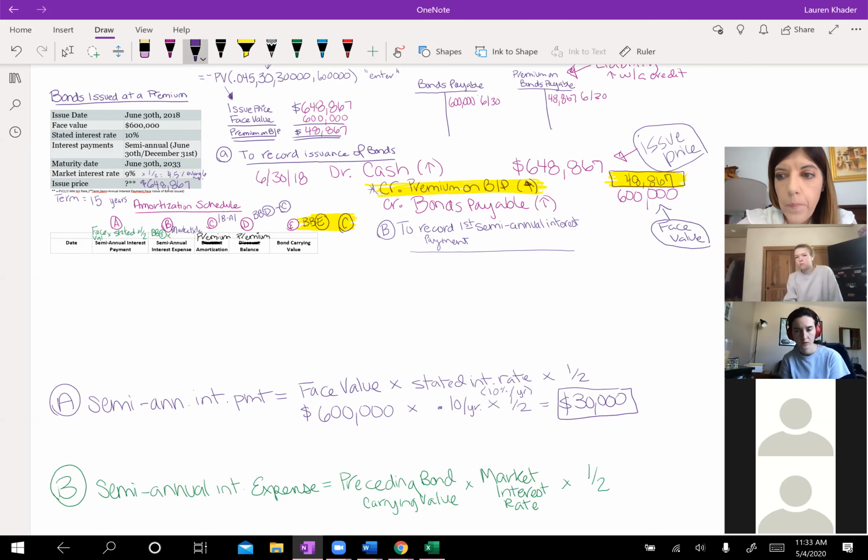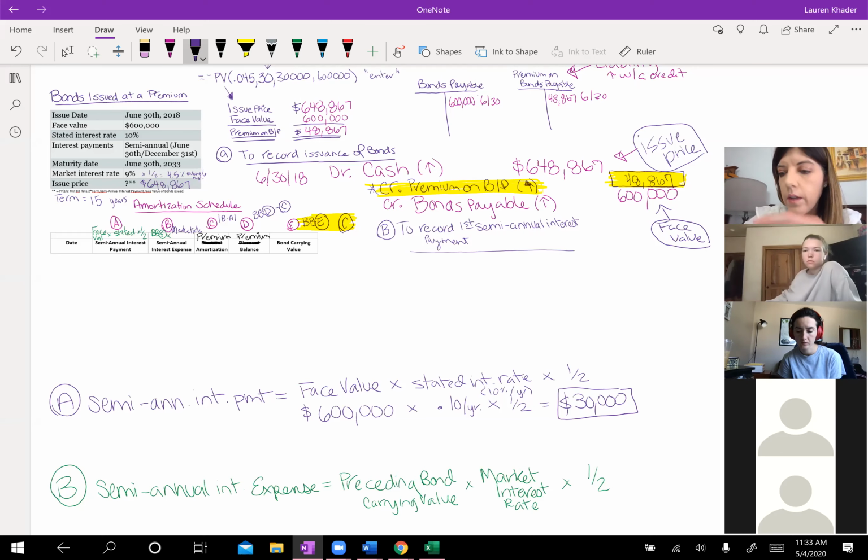Guys ready? Yeah. Okay. I highlighted two things. The two differences, at least at this point, between a bond issued at a discount and a bond issued at a premium. So the first part is that when we issue the bonds, we're going to credit premium on bonds payable versus debiting discount on bonds payable, right?